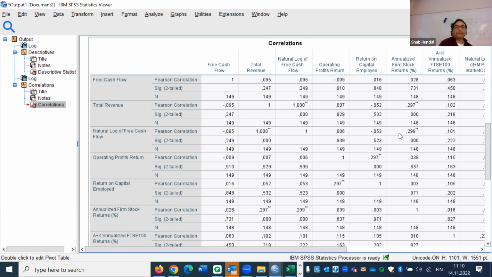Yes. Let's assume that this is the number of police officers, number of cops. And this is not total revenue, this is the crime rate. The theory says that there is a negative relationship between the number of cops and the crime rate. And we also find the negative sign.